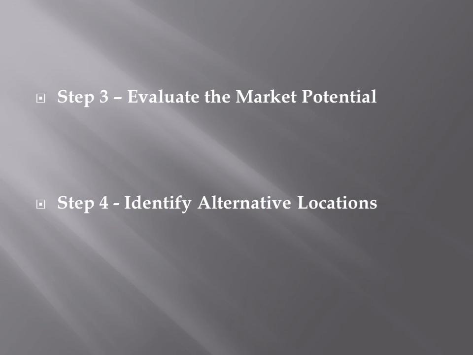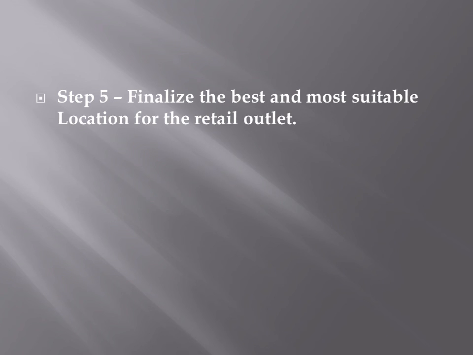You will select the place which has more plus points, and you will reject the place which has more minus points. That is how you finalize the best and most suitable location for the retail outlet. That is how you make the list of the alternatives.